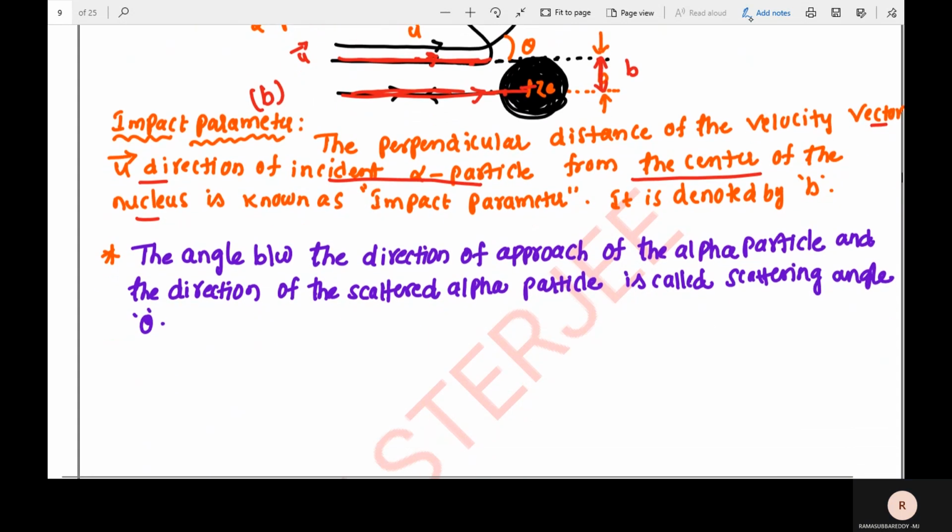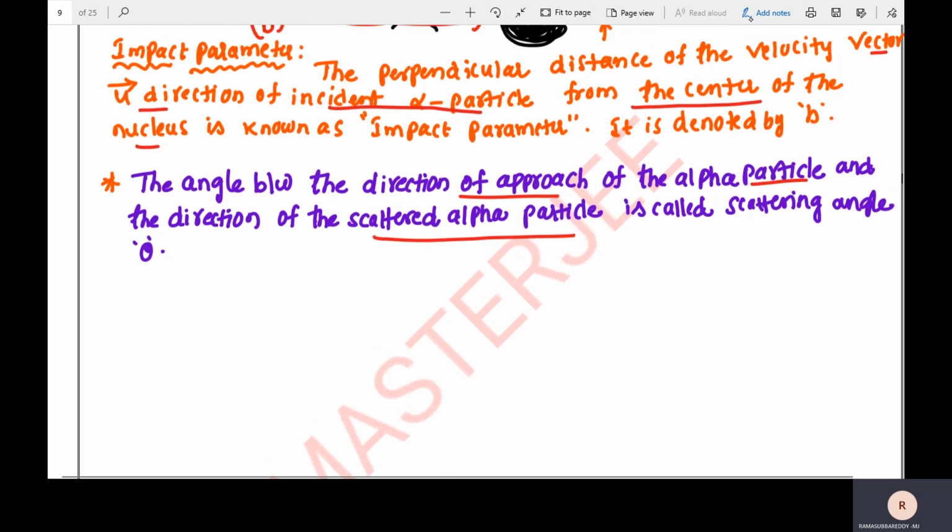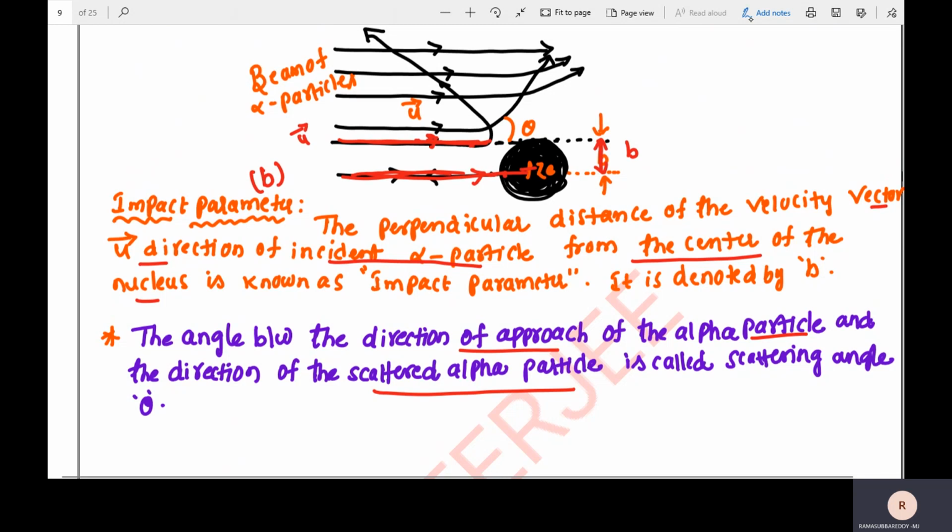Next, scattering angle. What is the scattering angle? The angle between the direction of approach of the alpha particle and the direction of the scattered alpha particle is called the scattering angle theta. This is the direction of approach, and this is the direction of scattering.